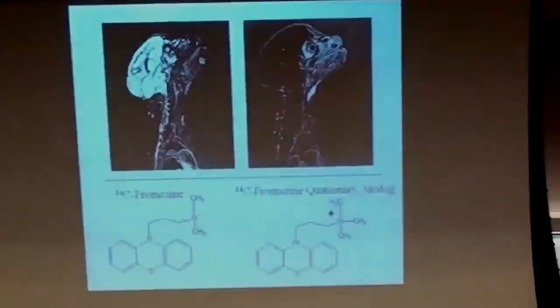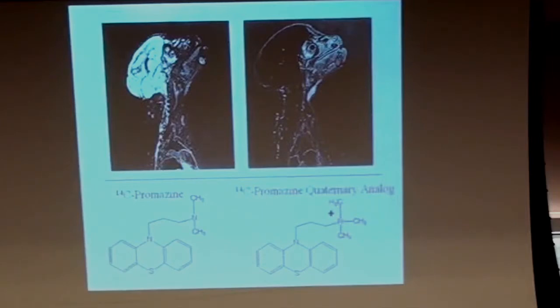And to illustrate this, this is a radiogram of a monkey. We're giving a 14C labeled neuroleptic drug. Very lipophilic molecule, and it's actually very effective at going into the CNS. So the whole brain here is white. This is the 14C from the promethazine.